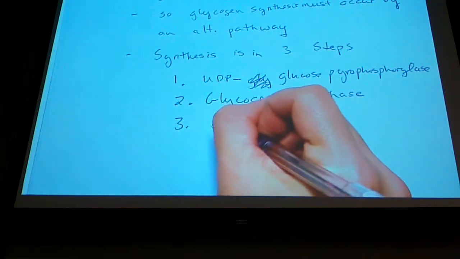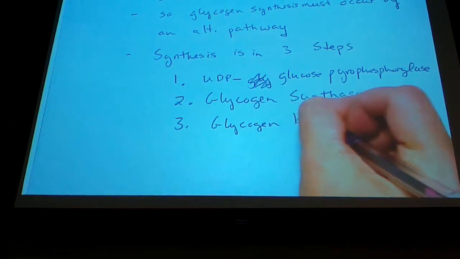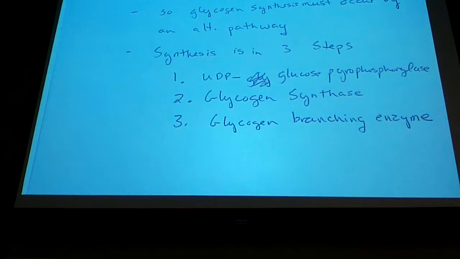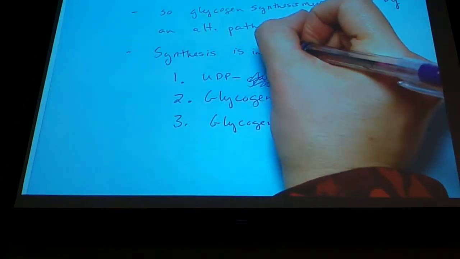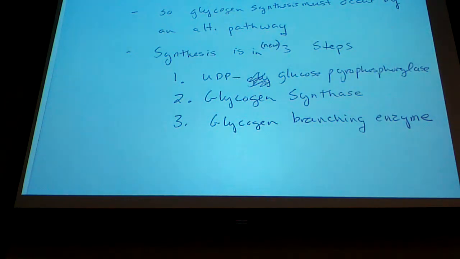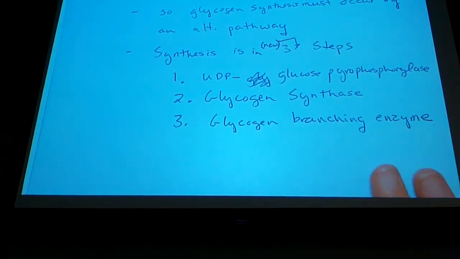And we need a glycogen branching enzyme. And I should put in parentheses here, synthesis is in 3 new steps, because actually the first step is identical to the catabolism.